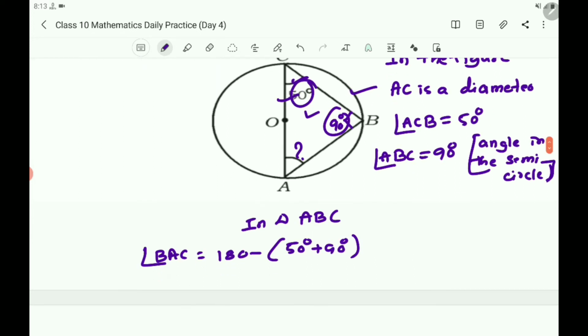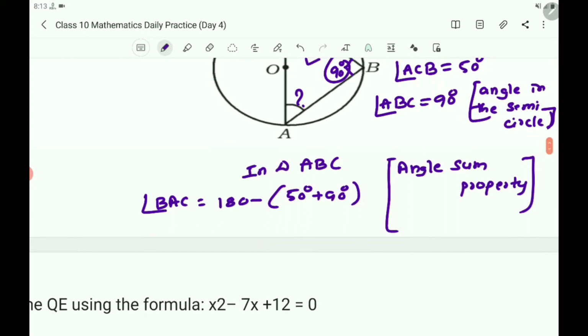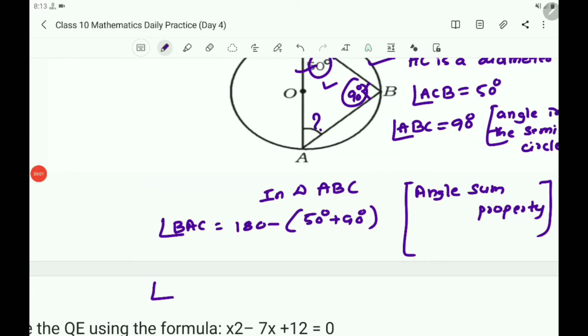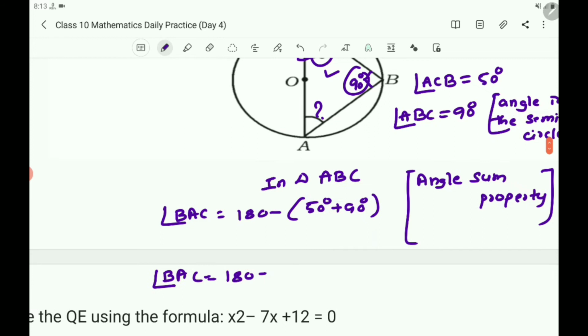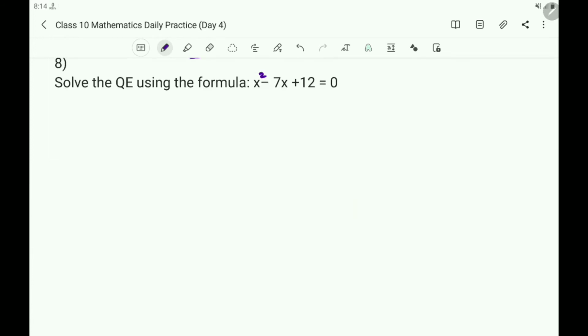So here why we have taken 180? Angle sum property. So angle BAC equals 180 minus sum of these two angles, 50 plus 90 is 140 degree, that equals 40 degree.